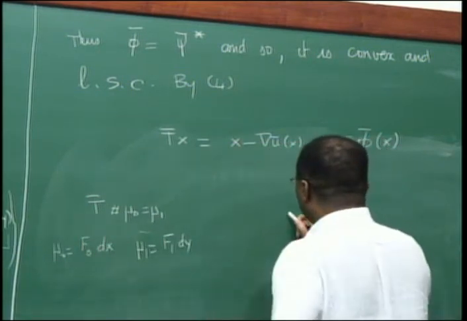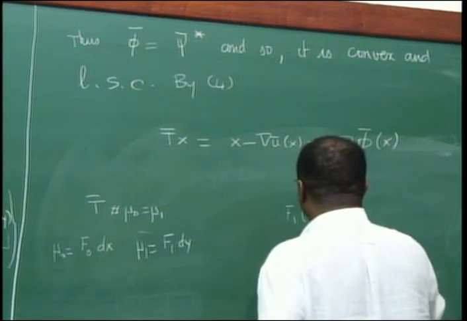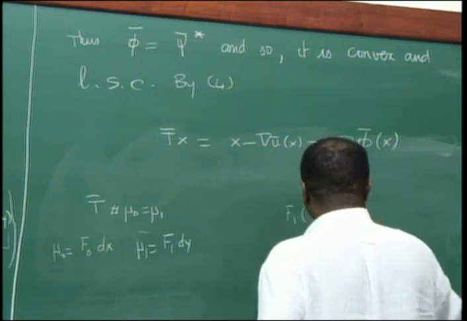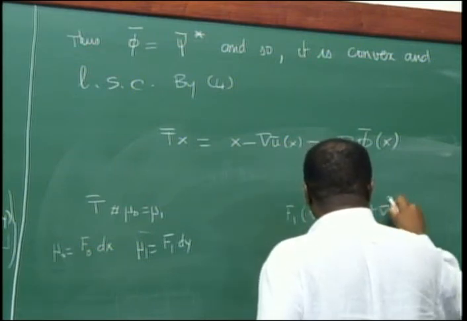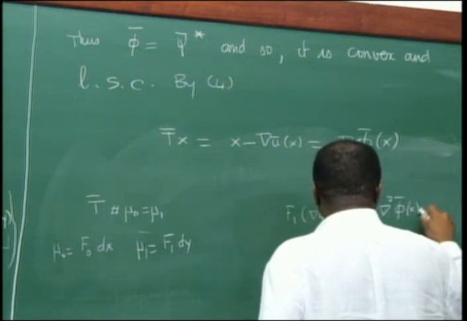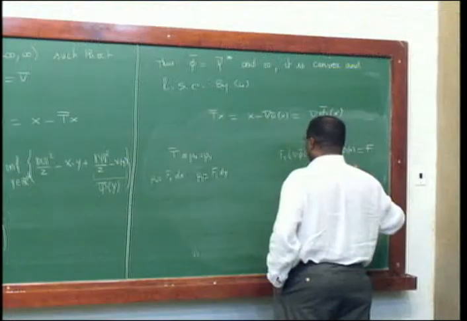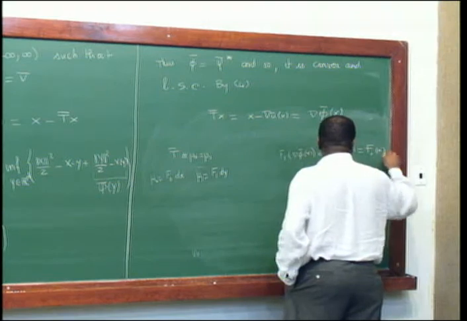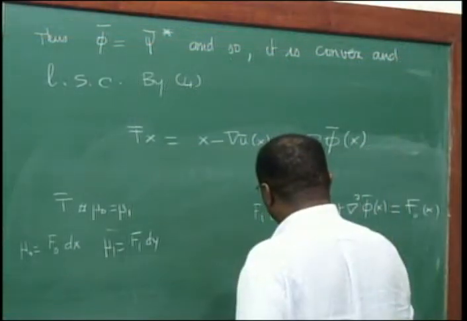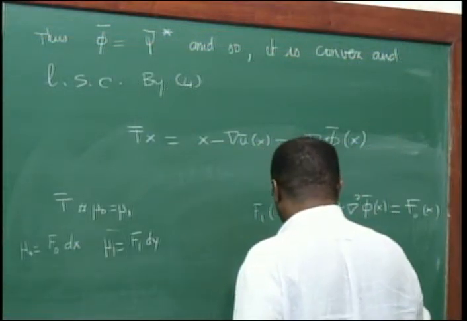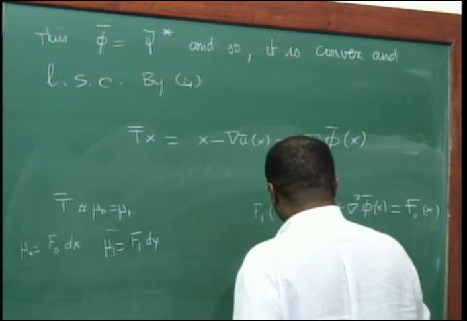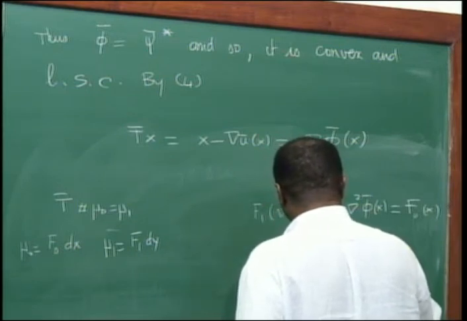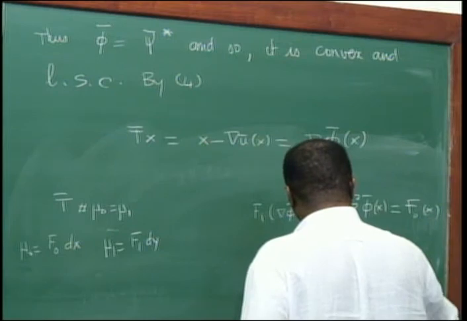This will be equivalent to f1 of gradient phi bar of x times the determinant of the Hessian of phi bar of x equal to f naught of x, with the property that the gradient of phi bar sends the support of f naught to the support of f1.